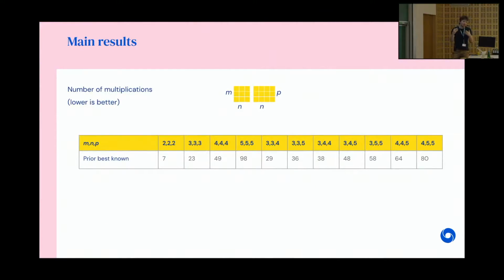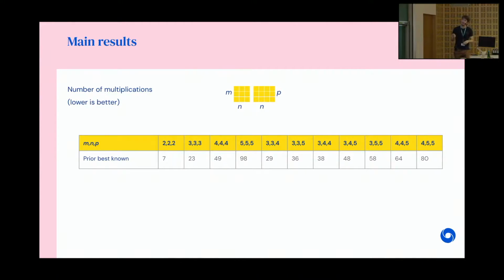But now, just to illustrate what kinds of results in computer science one can obtain when using a reinforcement learning system like AlphaTensor, we applied AlphaTensor to discovering matrix multiplication algorithms for different base matrix sizes. That means multiplying an m by n matrix with an n by p matrix, including these rectangular cases where the matrices are not square.